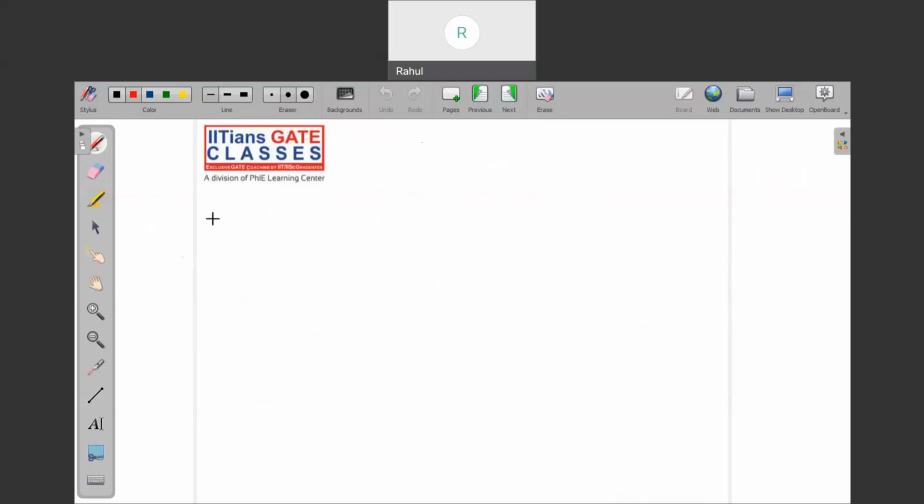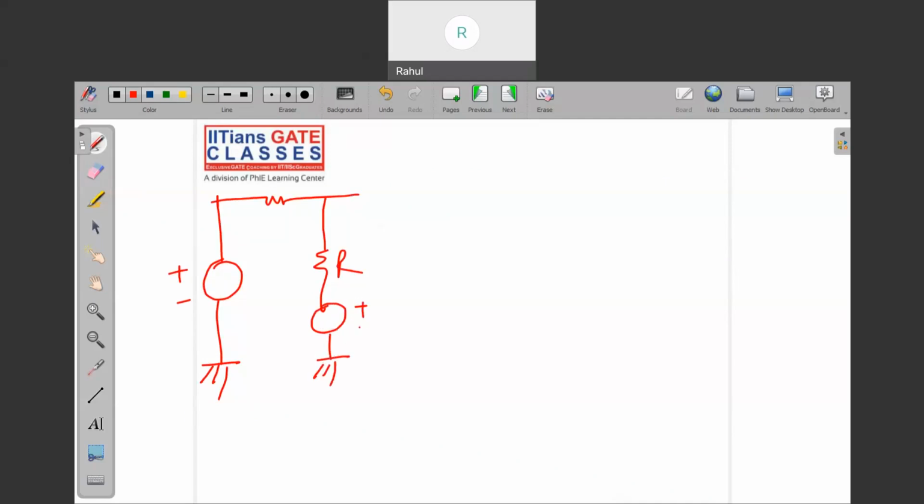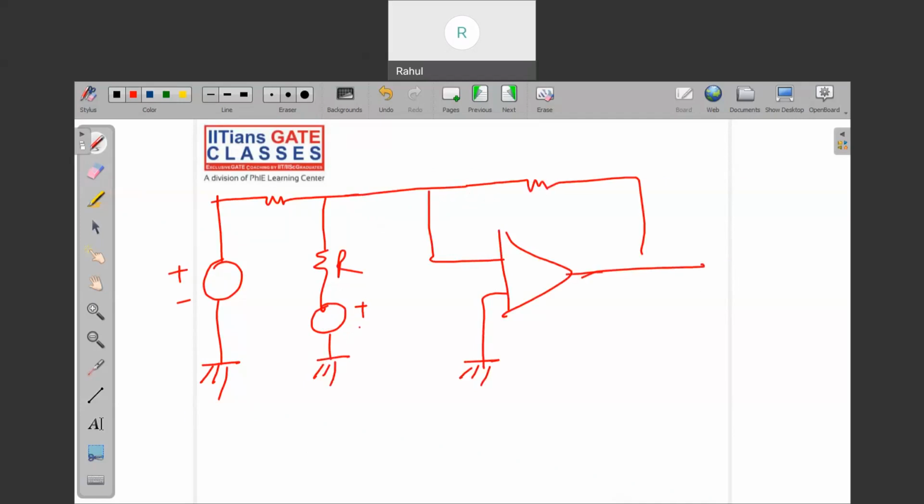So the circuit is given like this. There is a V in, there is a resistance, again one resistance is there, and there is a Vref. Very good circuit, right? Connected to your V out, there is a VCC. So this is your V in, and this is your capital Vref.